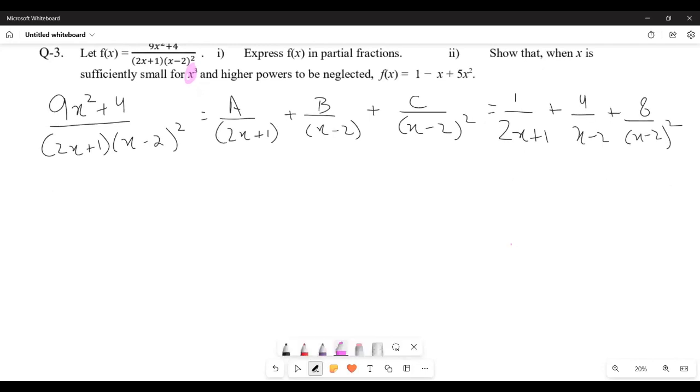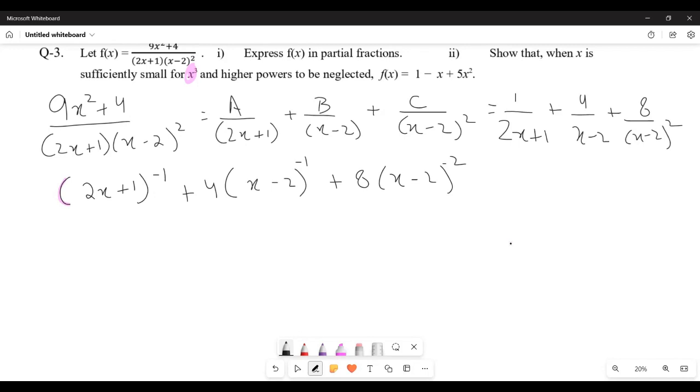So bringing all the denominators to the numerator: 2x plus 1 power minus 1 plus 4 times x minus 2 power minus 1, plus 8 times x minus 2 power minus 2. Sorry, there's a power minus 1 here and power minus 2 here.